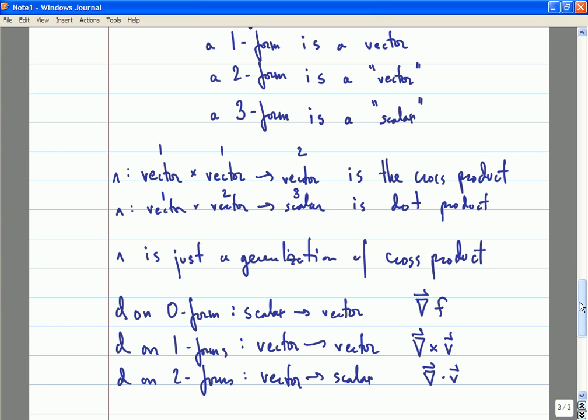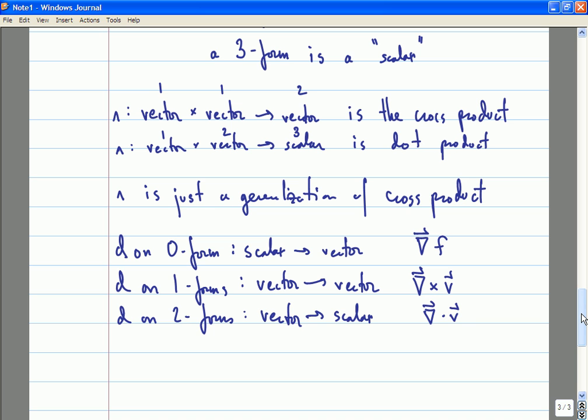Good question, though. Okay. Now, I told you that d squared was equal to 0. I didn't tell you, I proved it to you. So let's check that that's the case. What does that mean on a 0-form? That means that the curl of a gradient is equal to 0.